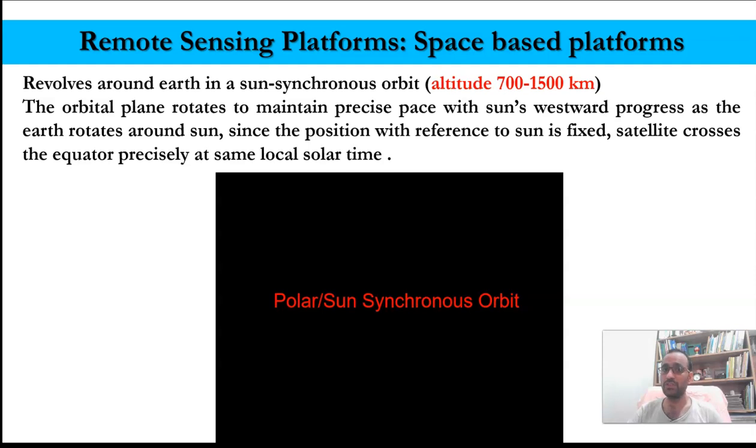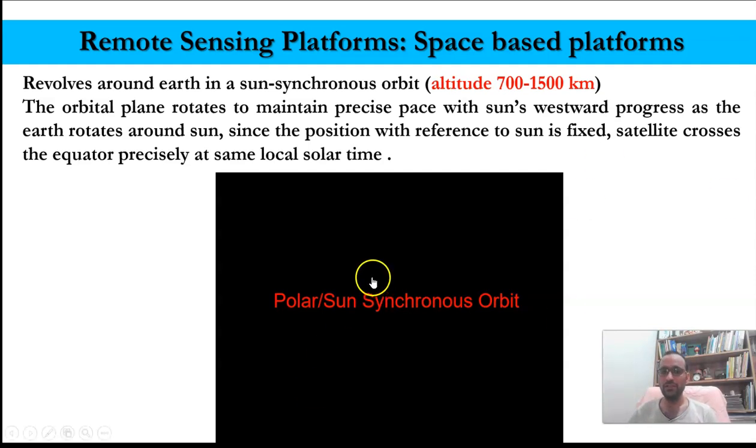Since the position with reference to the sun is fixed, the satellite crosses the equator at precisely the same local solar time, so the remote sensing satellite is synchronized with the time of how the sun is crossing, from west to east. In the same manner, the satellite is synchronized with the sun time on the Earth, so it can collect the data very easily.